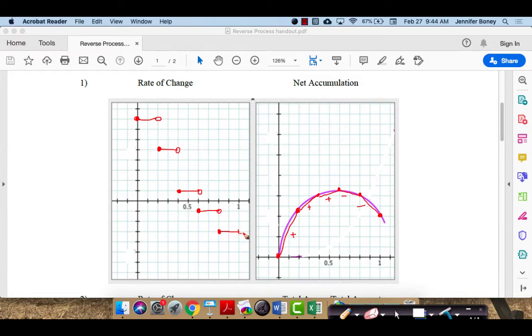And the fact that it's a decreasing sequence of rates throughout. So I've got a large positive, lower, lower, and then so low that it becomes negative and then more negative. So I've got a decreasing sequence of rates.